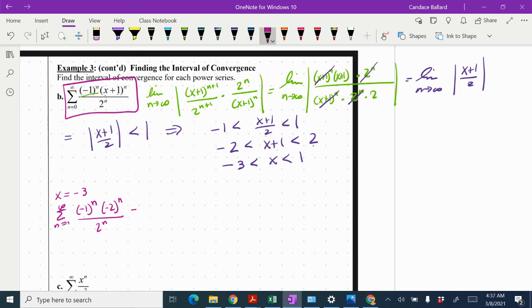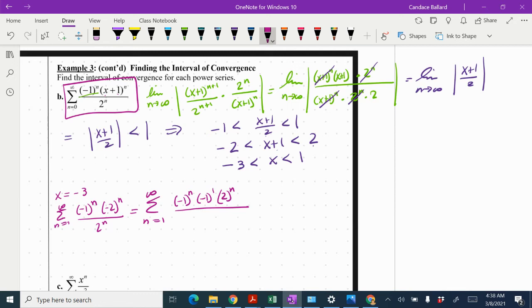I could rewrite this negative 2 as negative 1 times 2, just to the first power.